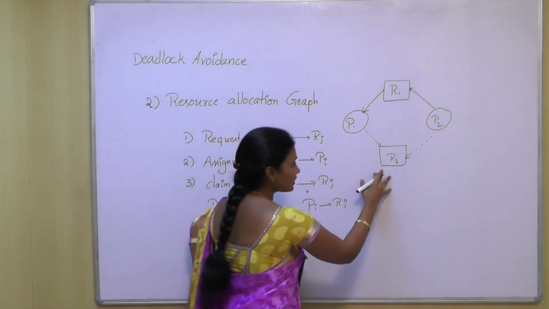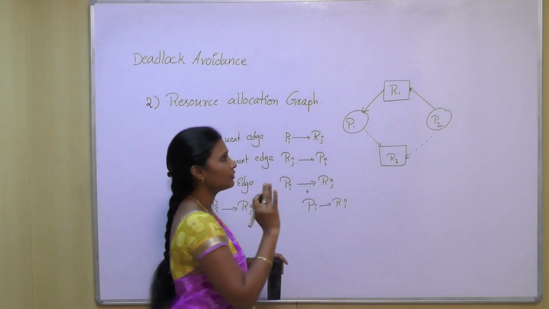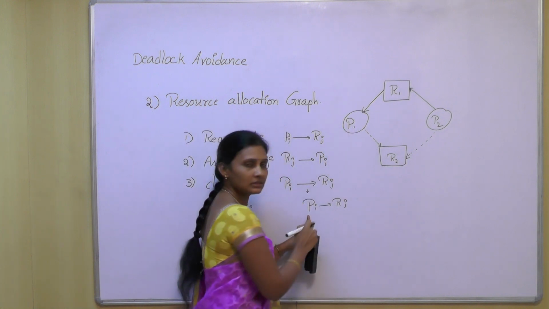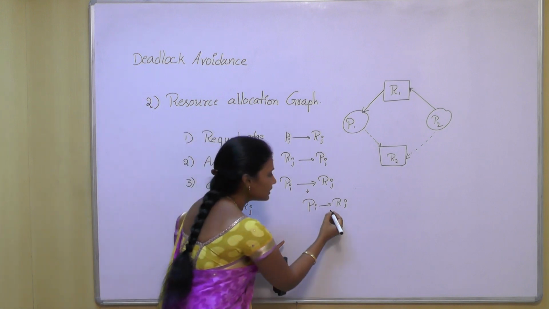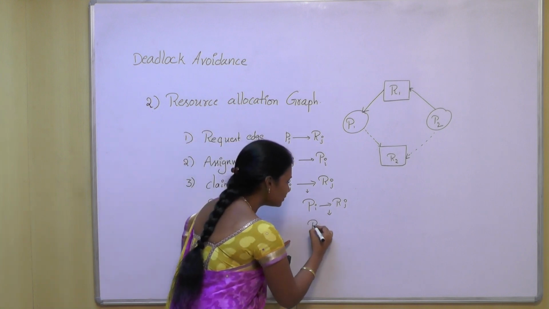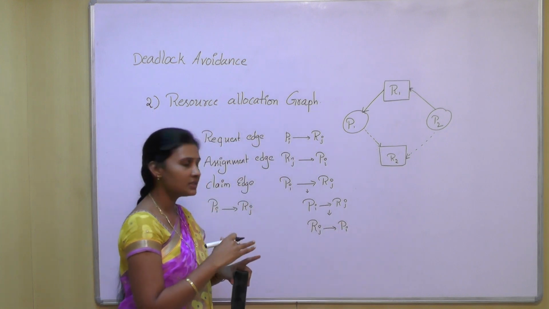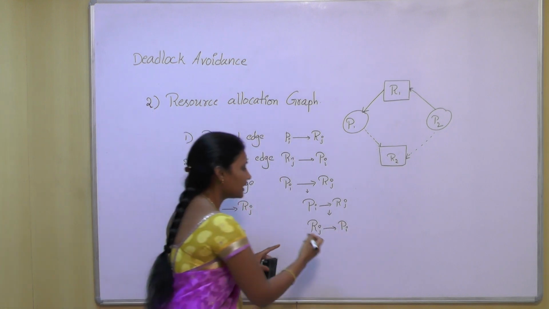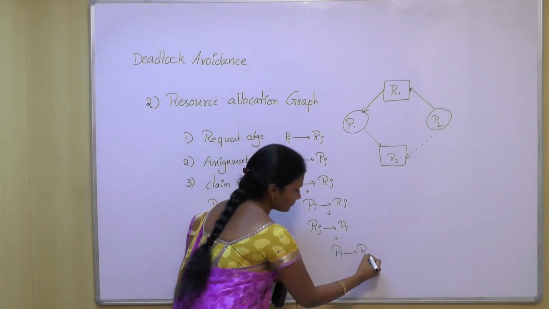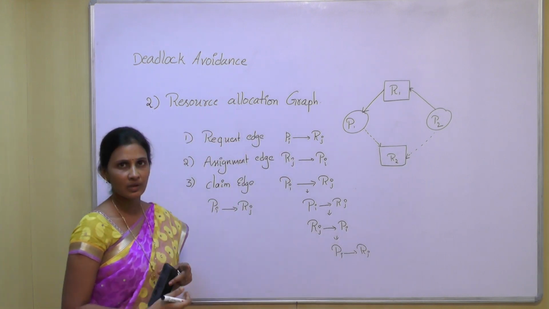After that, once the resource is assigned to that particular process, it is converted into an assignment edge. Once the process finishes its execution, it is reconverted into a claim edge. This is about the usage of the claim edge in the resource allocation graph.